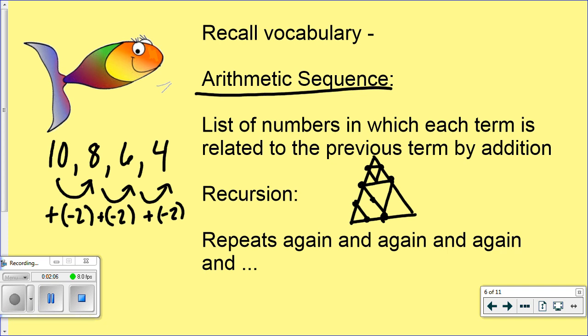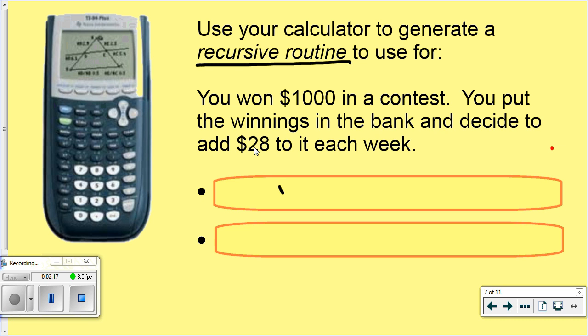Hopefully this doesn't bring back terrible memories for you. I'm doing the same thing again and again, and it depends on what I had before. That's recursion.